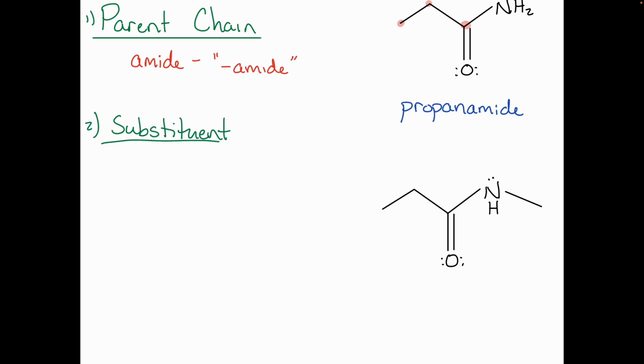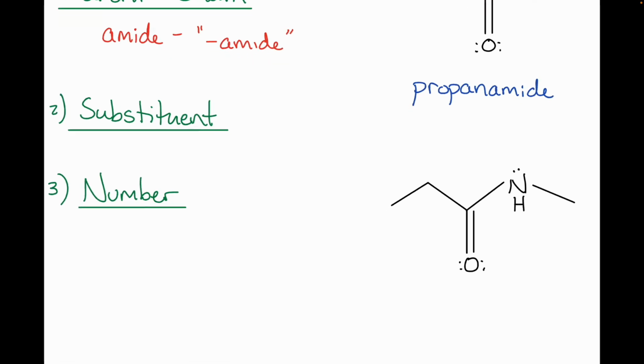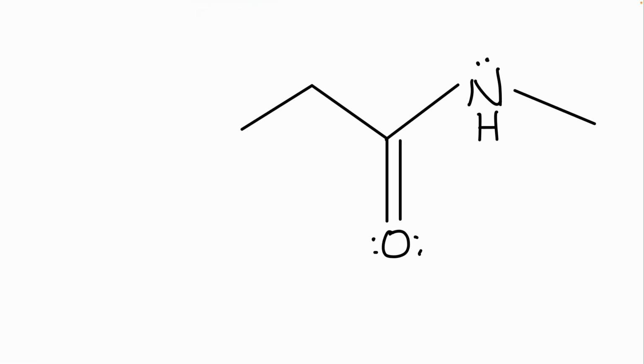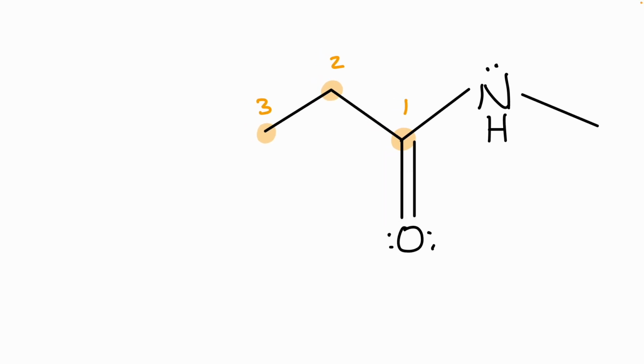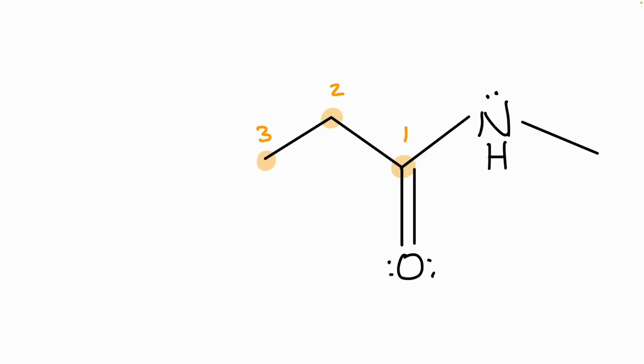Actually, I guess it would be more appropriate to put it in this section when we number here, okay? So first of all, if I number my parent chain, just like we always do, this would be carbon 1, 2, 3, but I have missed altogether this methyl group on my nitrogen here. So this would be treated as a substituent, a normal methyl substituent.